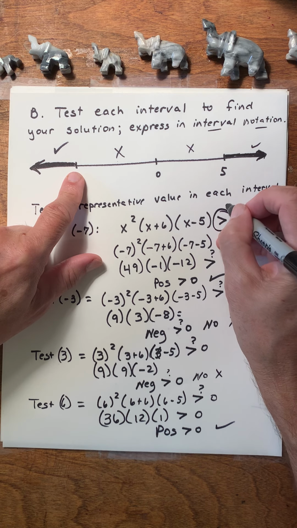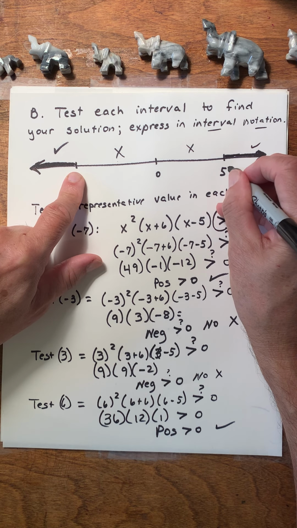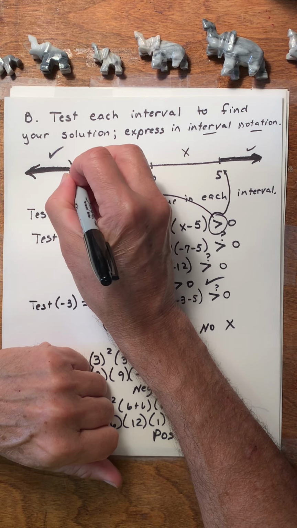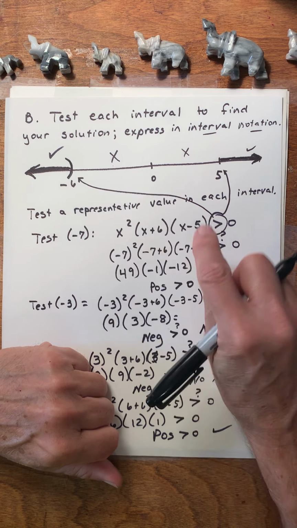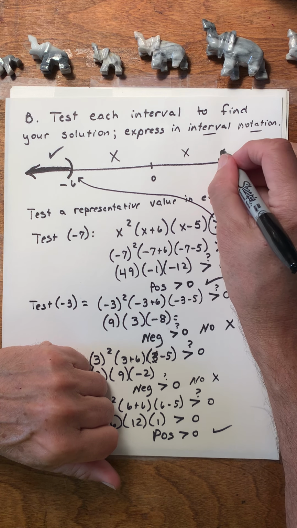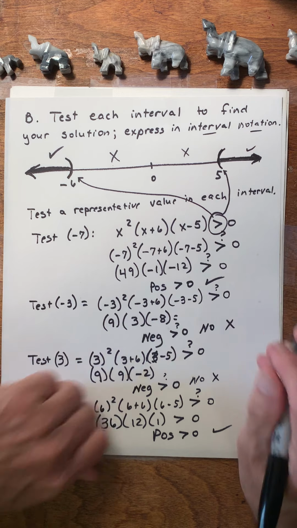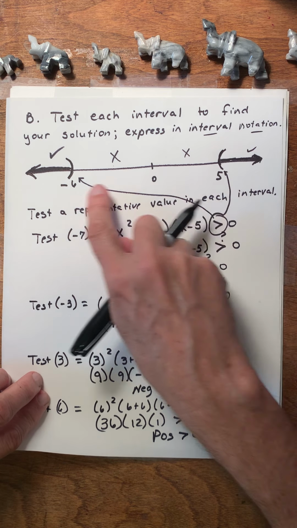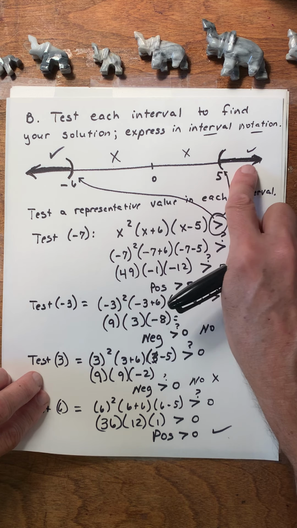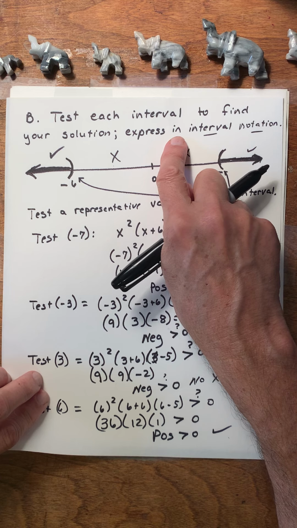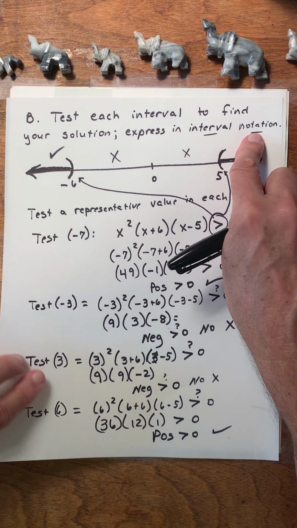Since it doesn't have an equal to sign, I use parentheses. If this had an equal to sign, I'd use brackets. It doesn't, so I use parentheses. So there, ladies and gentlemen, are my 2 interval solutions.